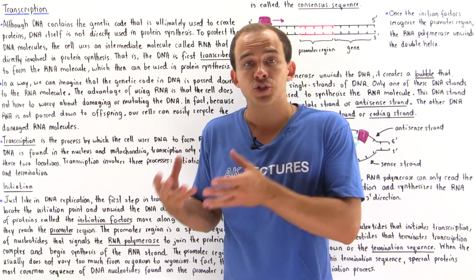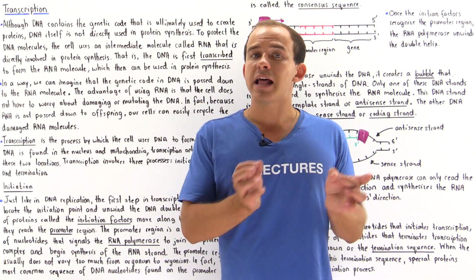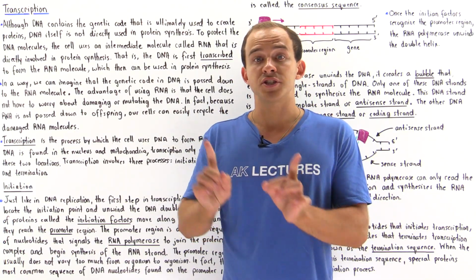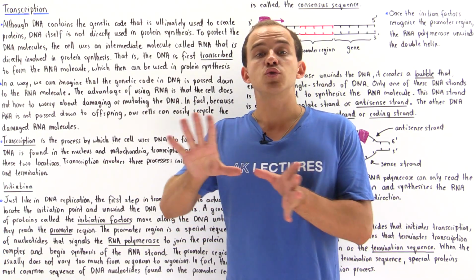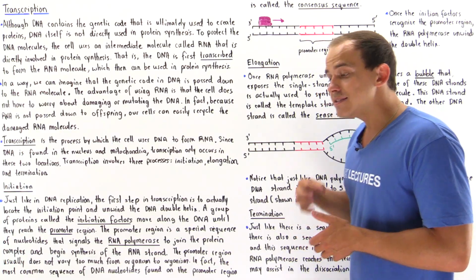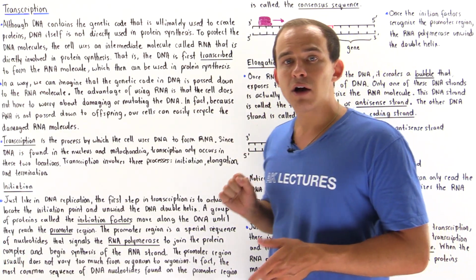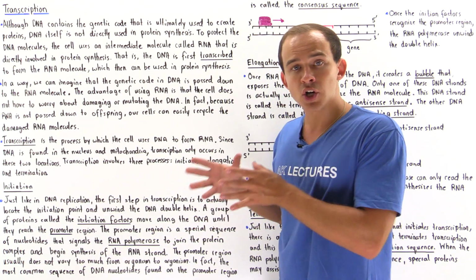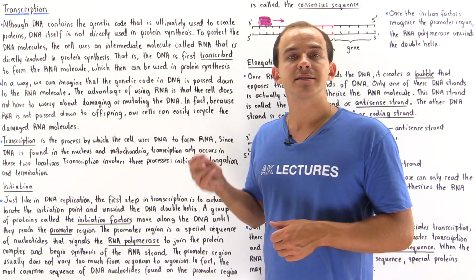So we want to ensure that the DNA is not mutated, because the DNA is essential for the survival of the cell as well as of the offspring. So during reproduction, it's the DNA that is passed down and not the RNA. And so that means we have to make sure that the DNA is not damaged.